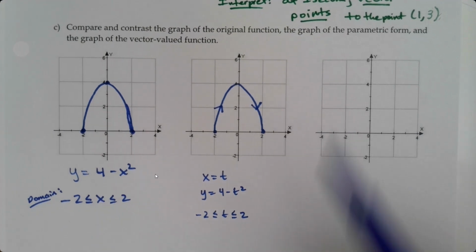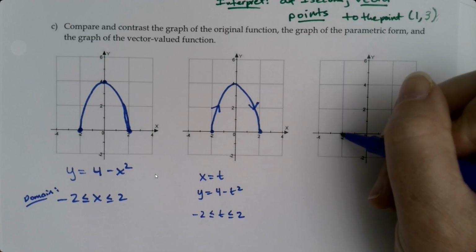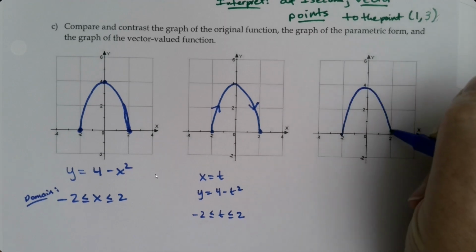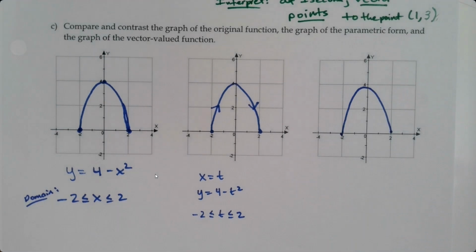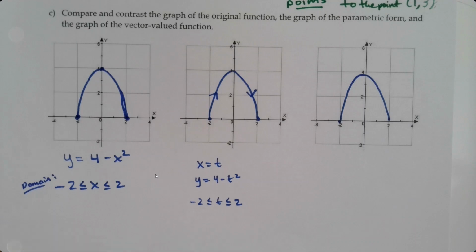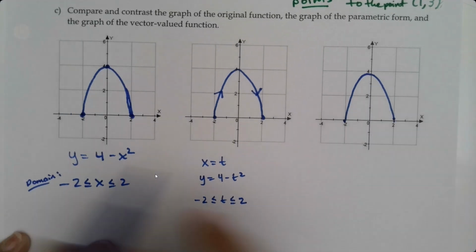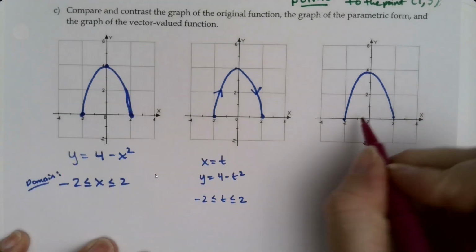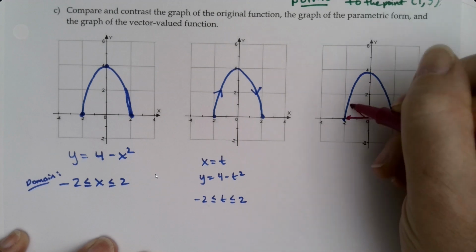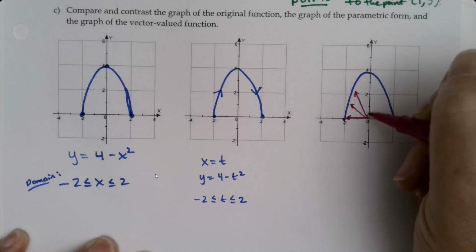Okay, so now what about for a vector valued function? Well, the path again is still here. It's still that parabola. But instead of thinking of it as the parabola, I mean, you do think of it as that, but then you also think of it as you start at the origin and you have vectors pointing all along.